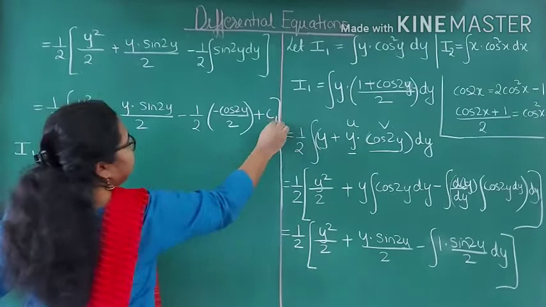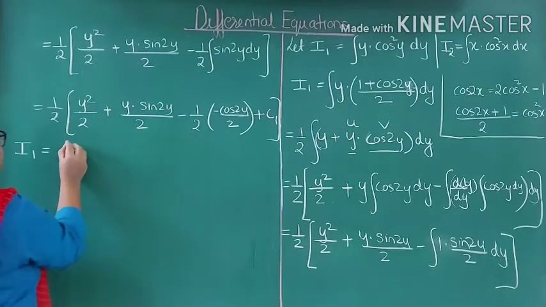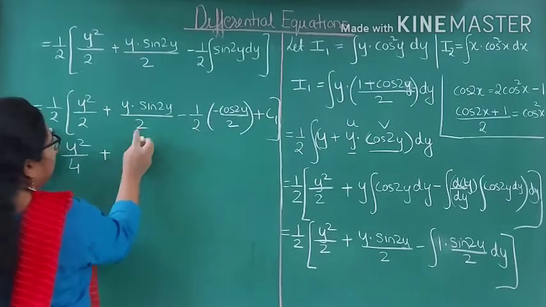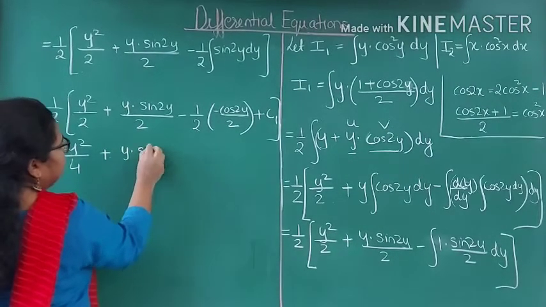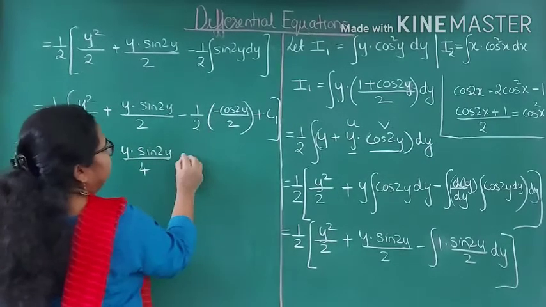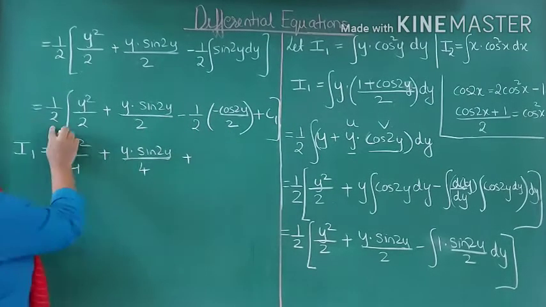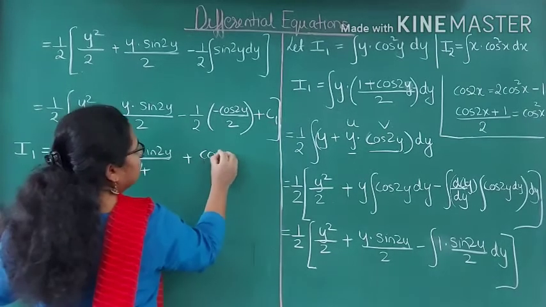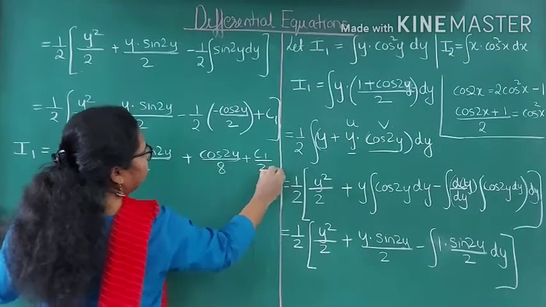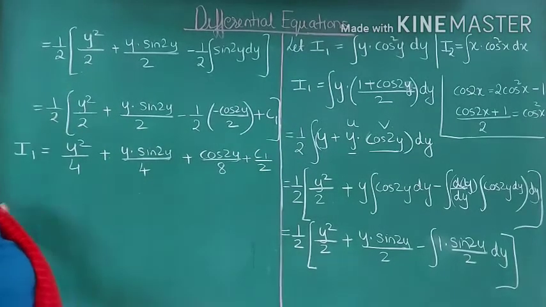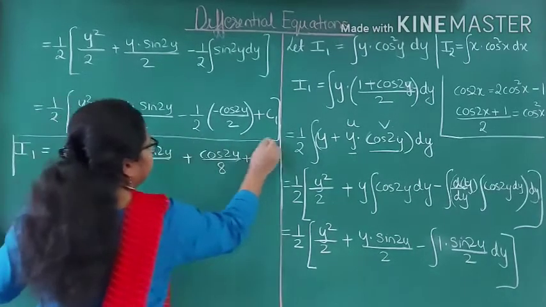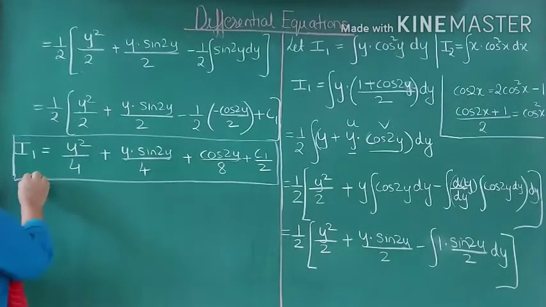We will take the c1, half into y square upon 2 is y square upon 4 plus again y into sin 2y upon 4, then minus into minus is plus, 2 2s are 4 and 4 2s are 8. So this is cos 2y upon 8 plus c1 upon 2. So this is your I1 after integration and using integration by parts.